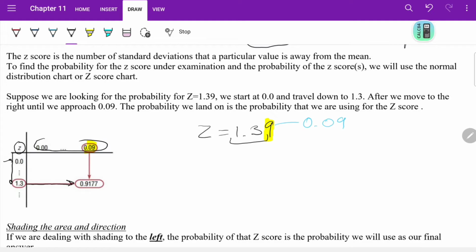And remember, a z-score is a measure of position, and a measure of position represents a percentile. Percentile represents the percentage, which can translate to the probability that a particular score is above the rest of the data values.